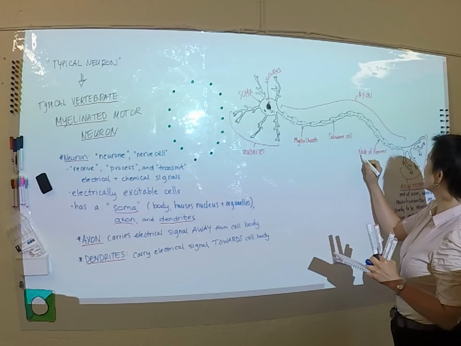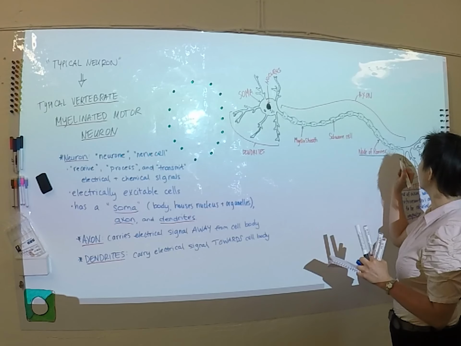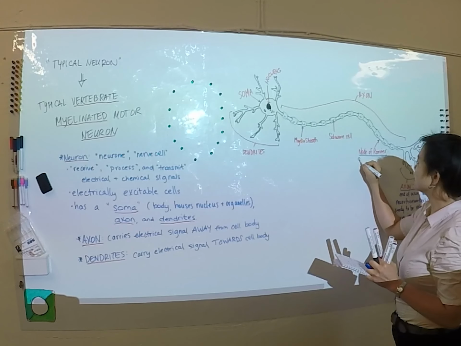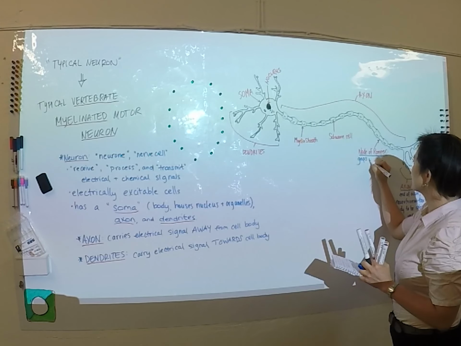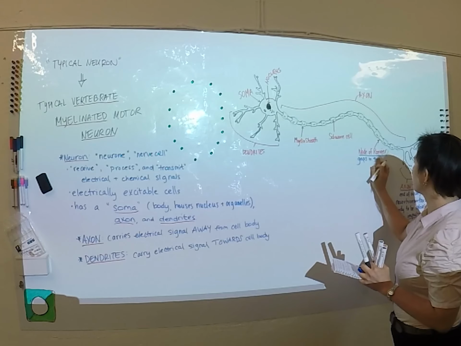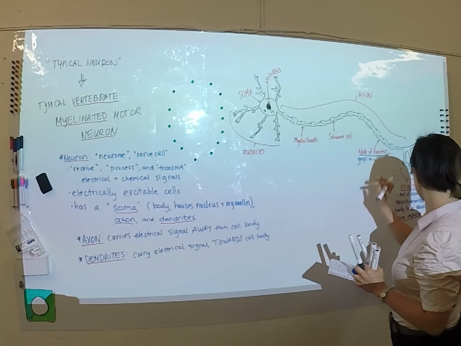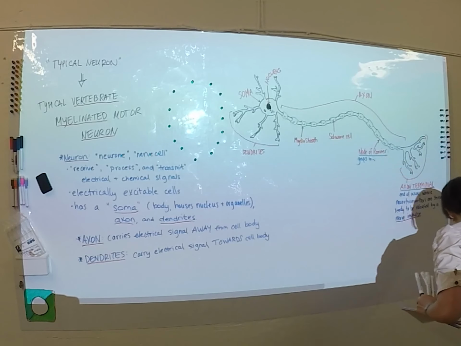Let's define our node of Ranvier. Okay, so these are gaps in the myelin sheath.